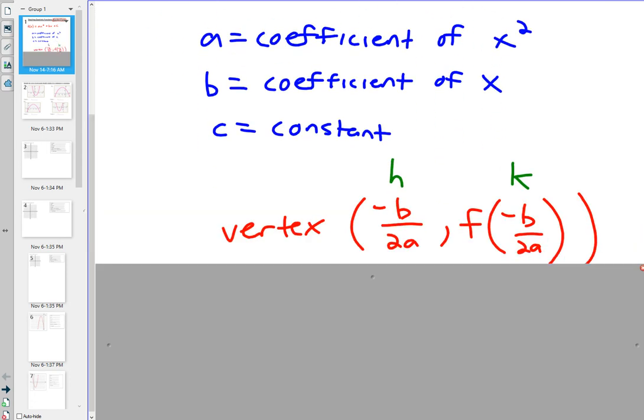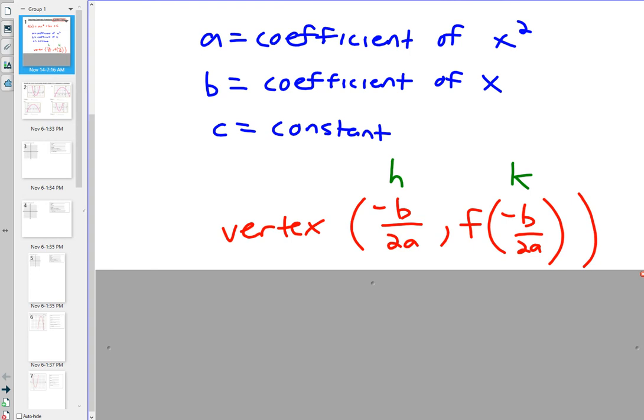Anywho, all right. So, arguably the most important point on a parabola, and because this is the one that has to be there, a parabola, just like a line, has an infinite amount of points. And technically on a line, you can draw any 2 of those points and you can still draw a line. But with a parabola, yeah, there's an infinite amount of points, but 1 point has to be there. And if you're going to graph, one of the points has to be what's called the vertex.